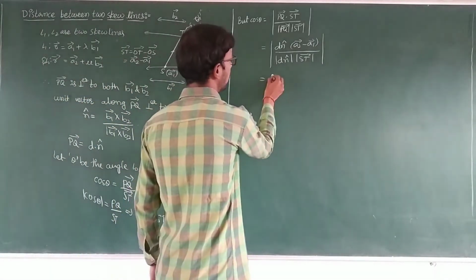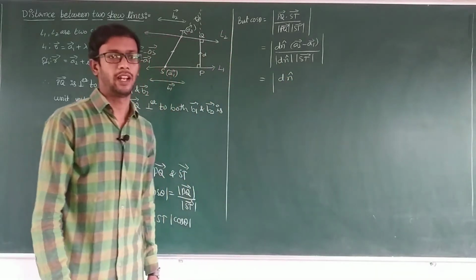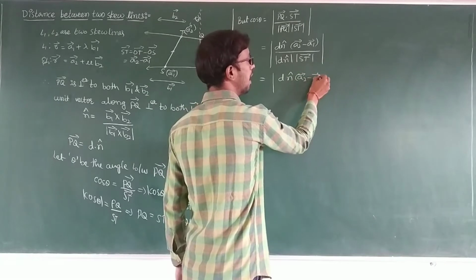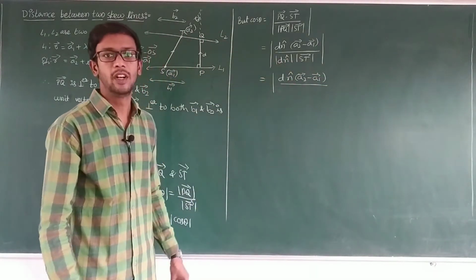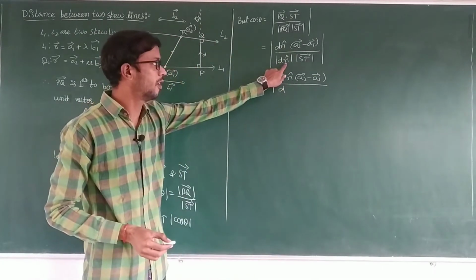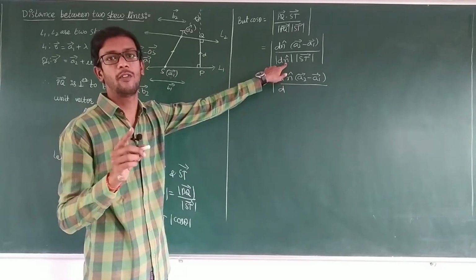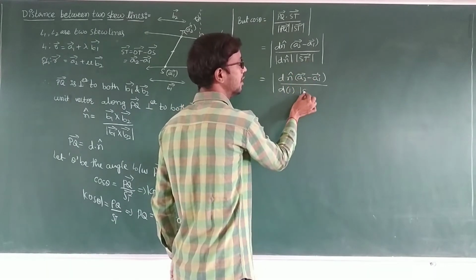Next step, n cap dot a2 bar minus a1 bar divided by just d n cap. d magnitude is there, so d only will get magnitude of n cap. n cap is a unit vector, so the magnitude of a unit vector is 1.